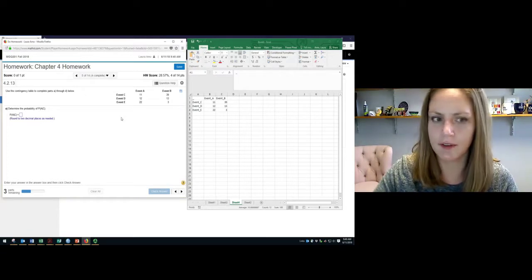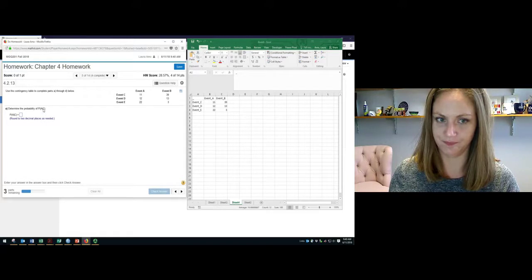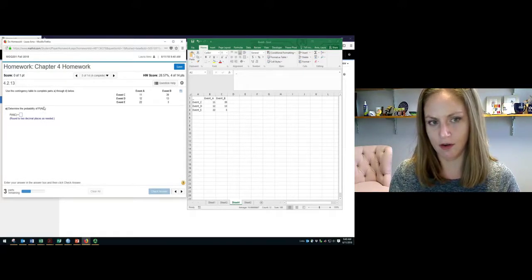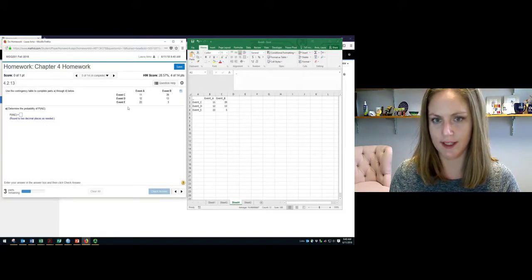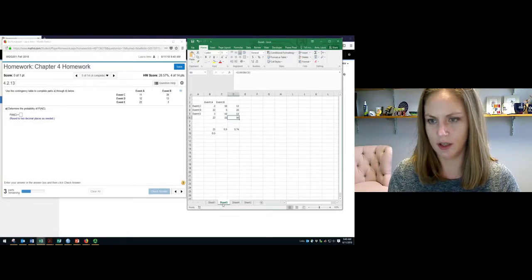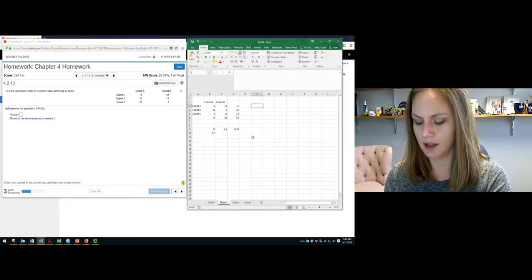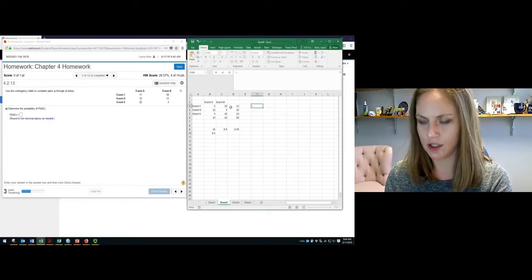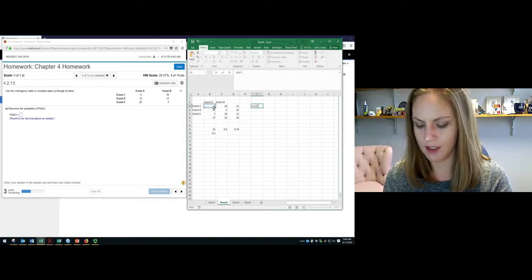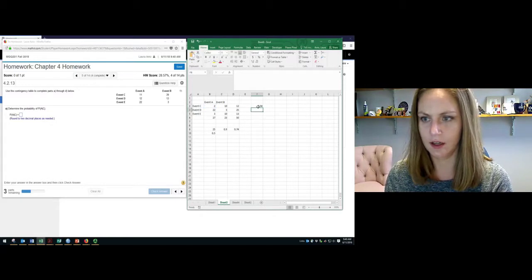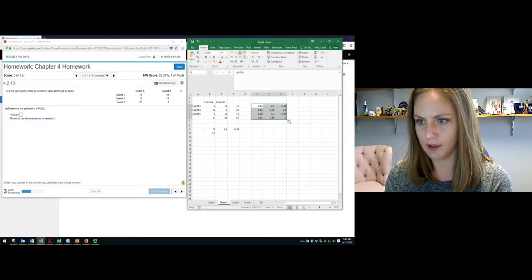So the probability of getting an event A, given that we have event C. What I'm going to show you here, and you could have done this before, is that after I sum these all up, you can actually get the probabilities just by dividing by the total here.